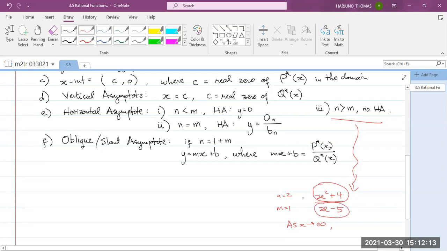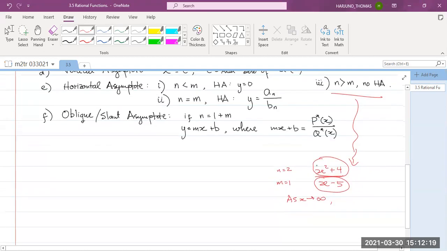It will not go to a constant. In fact, if we divide the top and the bottom by x, we will get x plus 4 over x, over 1 minus 5 over x. And when x goes to infinity, this will be infinity plus 0 over 1 minus 0. That's infinity.